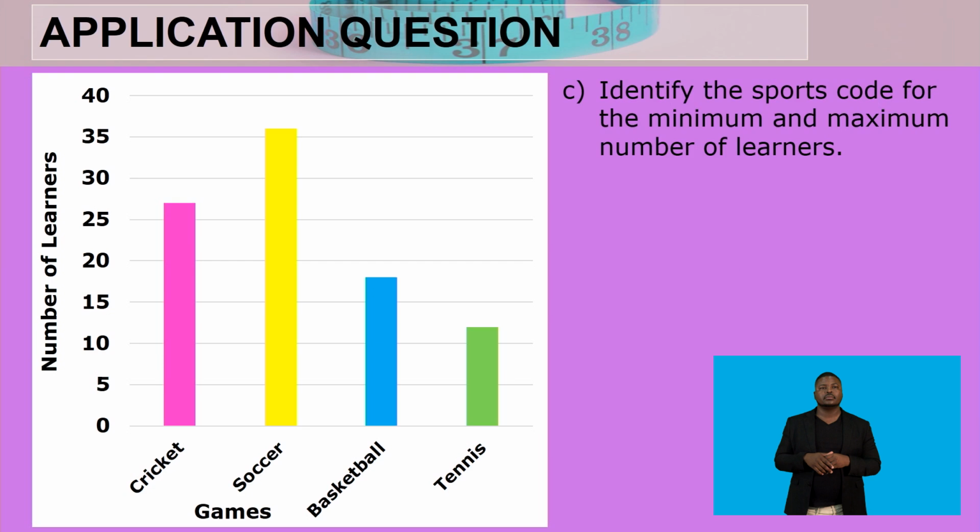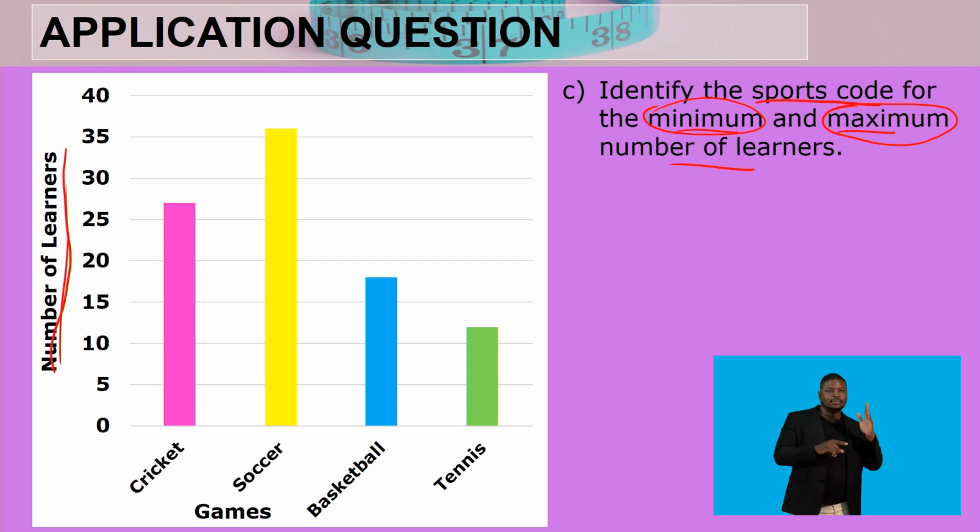Let's do C. C says, identify the sports code for the minimum and maximum number of learners. So we have to check which sports code has the minimum number of learners and which has the maximum. First, which sports code has the least number of learners? How do we see the number of learners? We see it on our dependent variable.